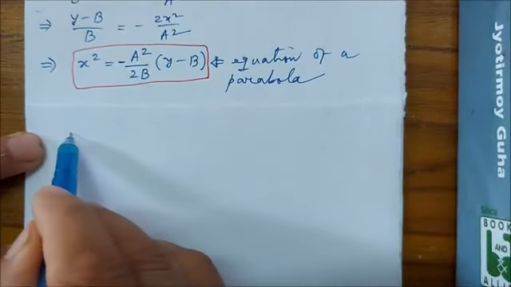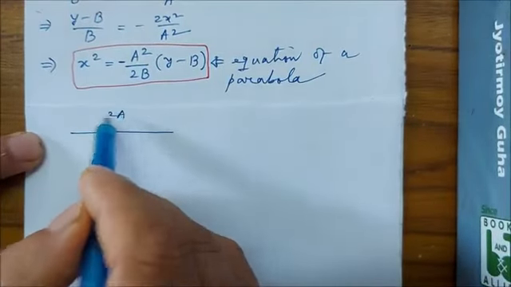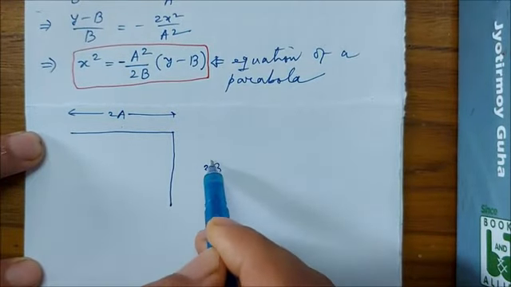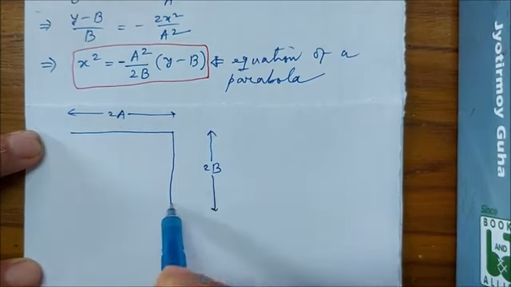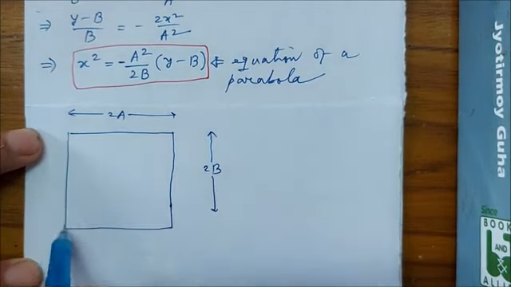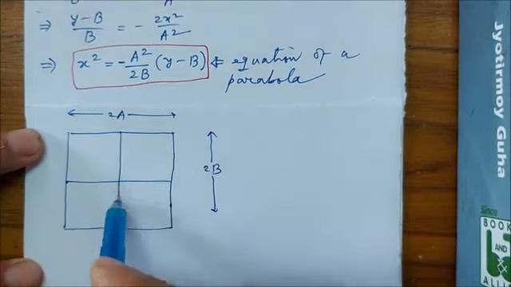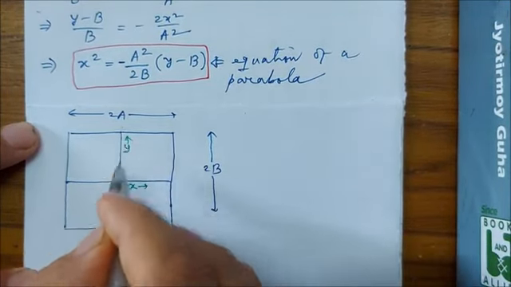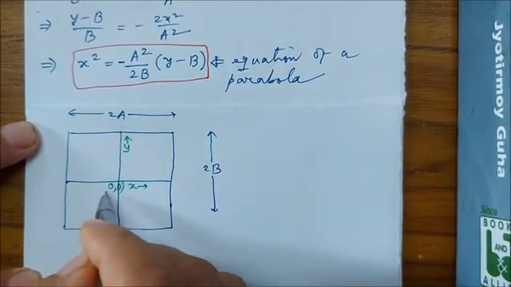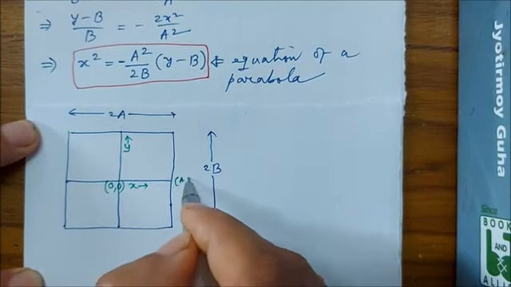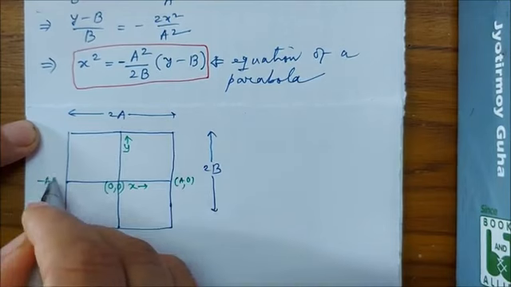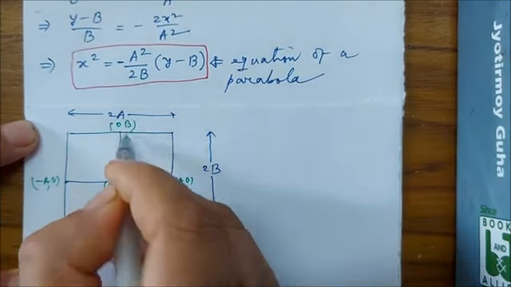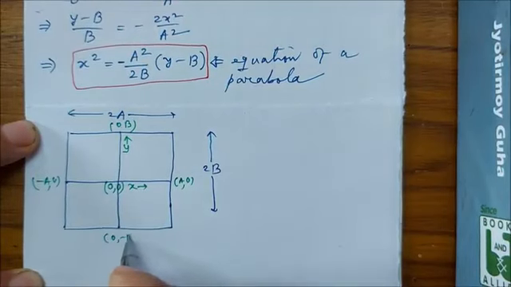And this parabola will be inscribed between a box of length twice a and height twice b, this being the x-axis, this is the y-axis, this is the origin, and the coordinates of these points are a0, minus a0, 0b, and 0 minus b.